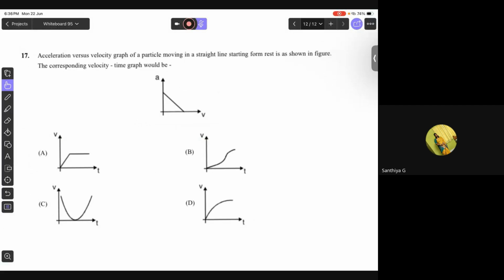Will you even try this question? A versus v plot is given, and from that we have to find the v versus t plot.